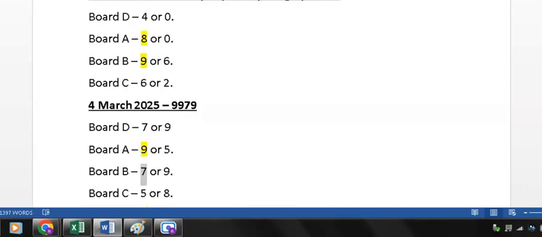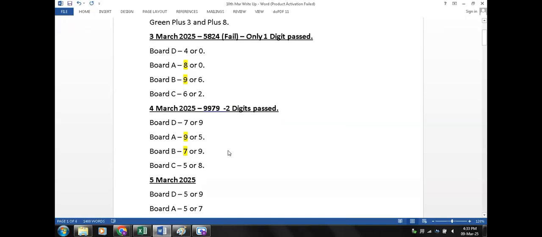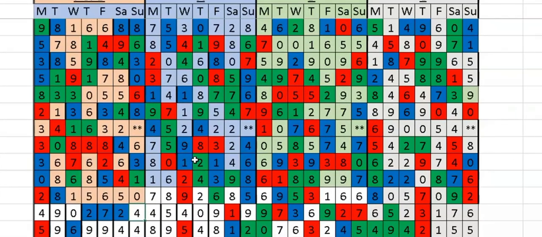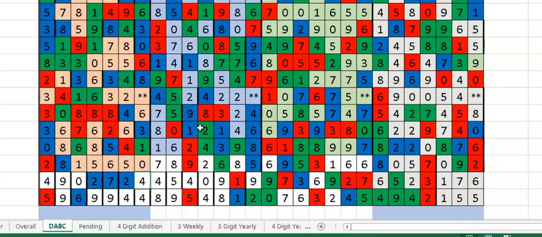You can see here on 4th of March 3 digits came, 9, 9 and 7 came. Only board C, which we did predict 5 and 8, only that didn't come. Rest of the boards came.